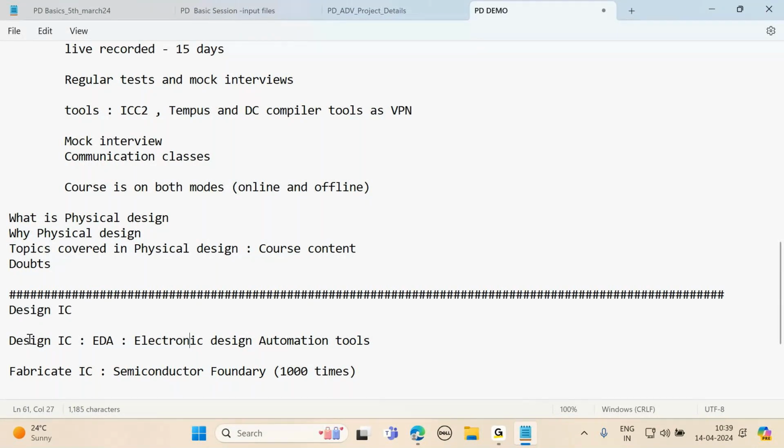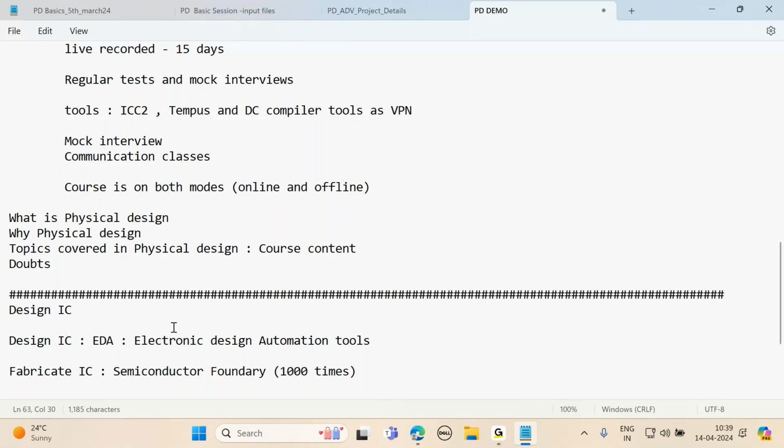So, what are the examples of EDA tools? You have already used them. Most of you have used Xilinx. Xilinx, Cadence, Synopsys are the vendors of these EDA tools. Xilinx is an EDA tool to design FPGA. Similarly, you have EDA tools to design ICs.